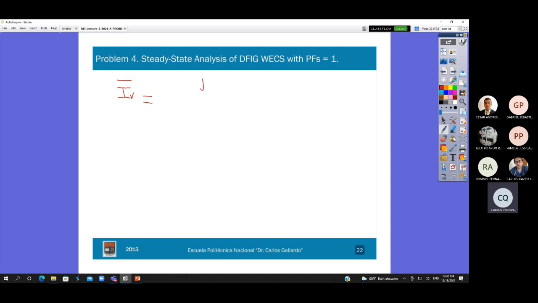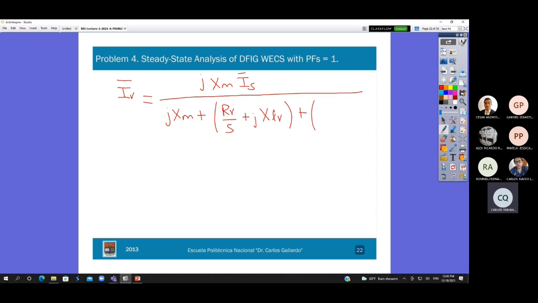I will have j times the magnetizing inductance. Applying Kirchhoff voltage law, I will have the stator current over the magnetizing inductance, plus the rotor resistance over the slip, plus the rotor leakage reactance, plus the equivalent resistance over the slip plus j, the equivalent reactance over the slip.